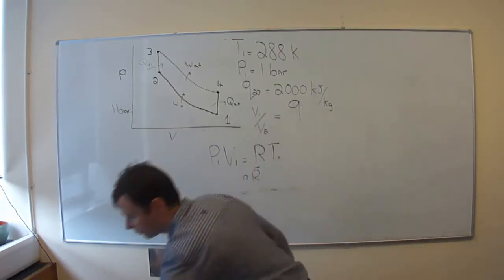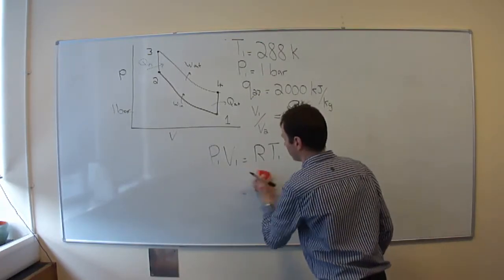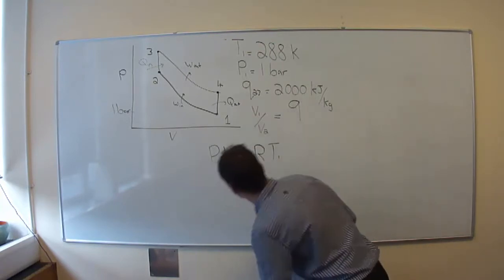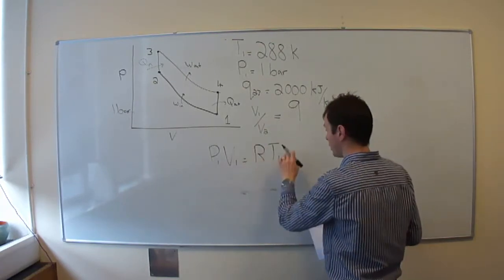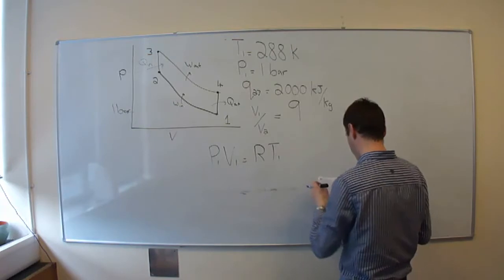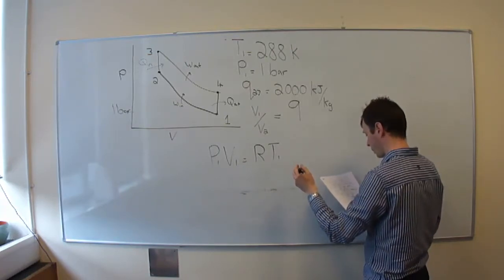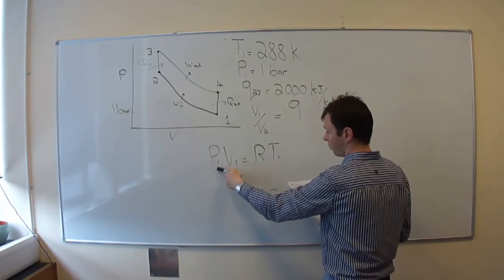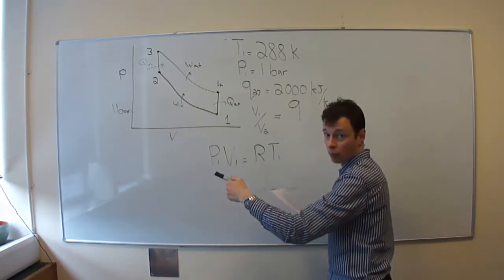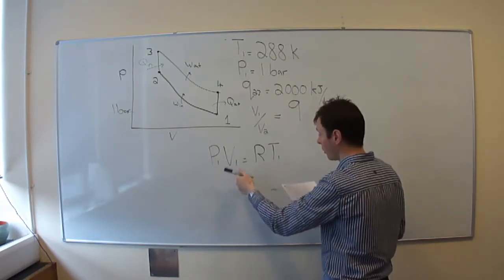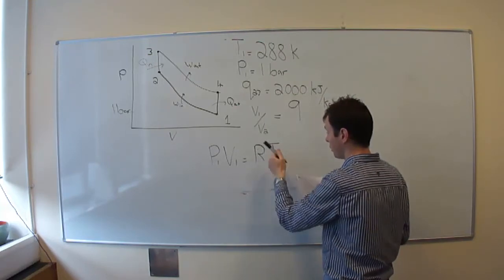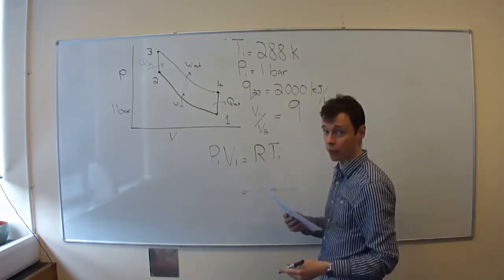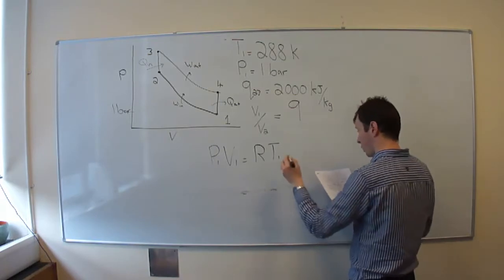Okay. Right, so we can rearrange this to find V1. So P1 is 1 bar, so 1 times 10 to the 5. R is 287, T is 288 Kelvin. So work that through.